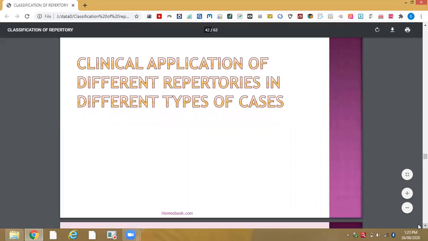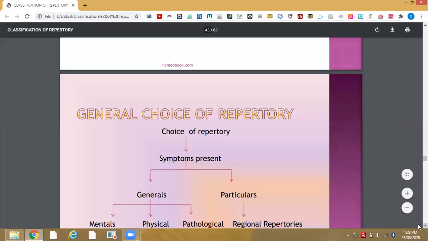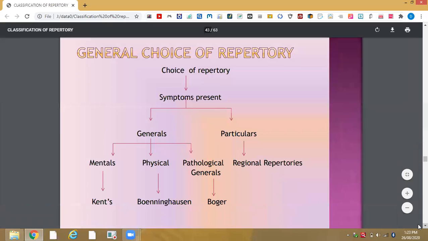We will discuss it one by one. So, general choice of repertory. Which repertory can we choose for which type of case?